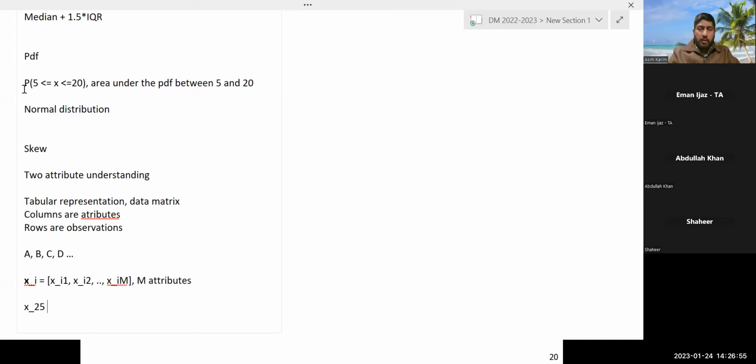So this is the fifth attribute value of the second observation.